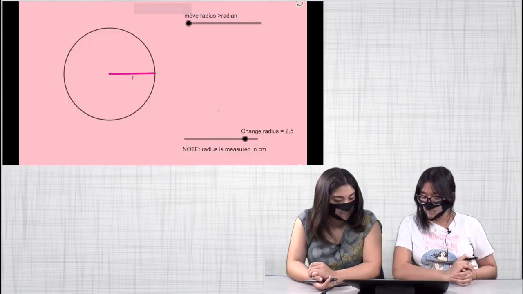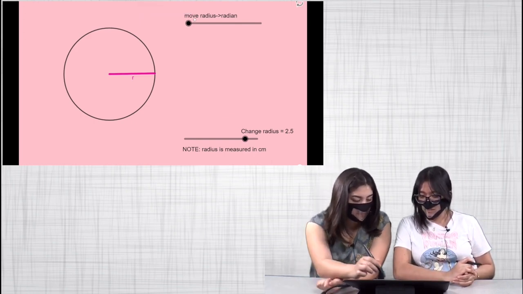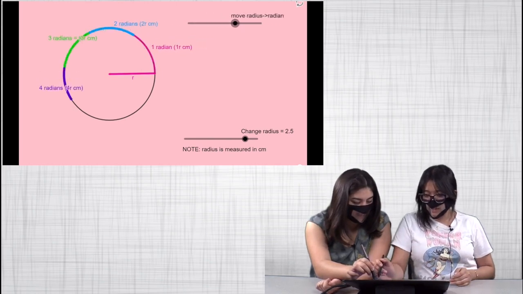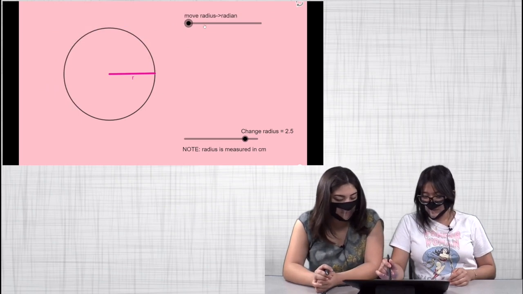If we take another look at this, what about the circle is giving us a radian? Where is a radian coming from? A radius. When it moves, this pink line right here is the radius of the circle.